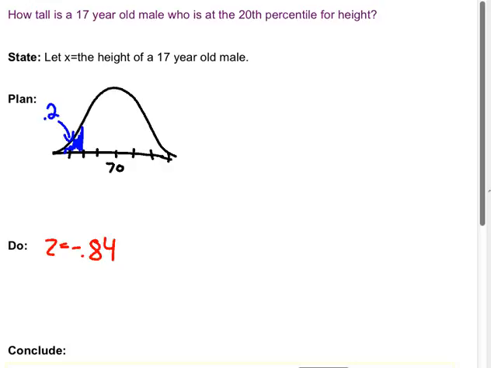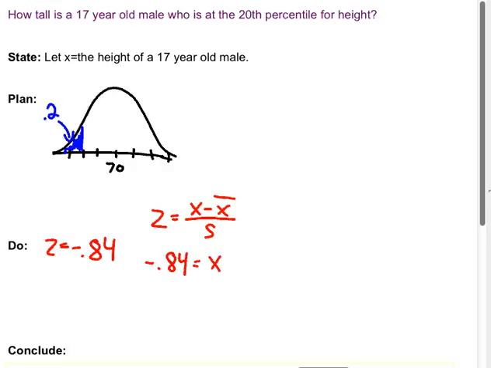But that's still not the height, right? So this time we have to go a little bit deeper, okay? So remember our formula. Right? So now, this time, we know the z-score is negative 0.84.